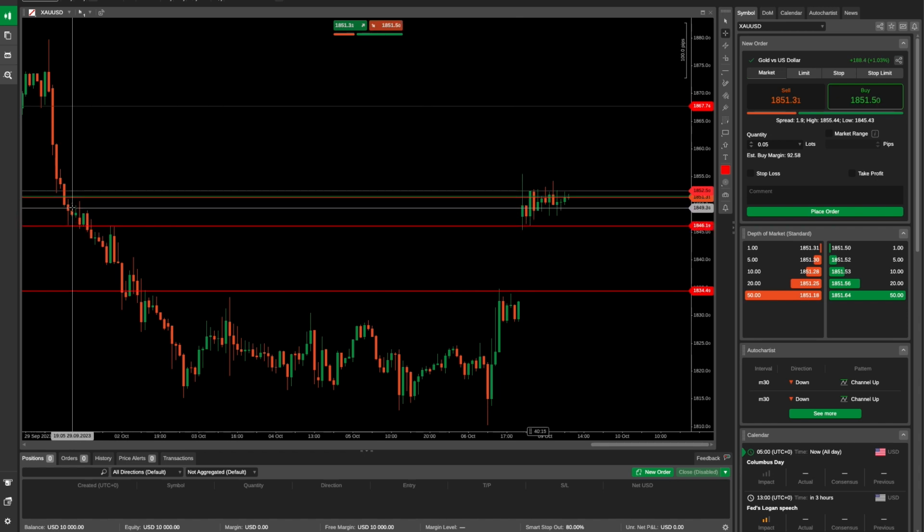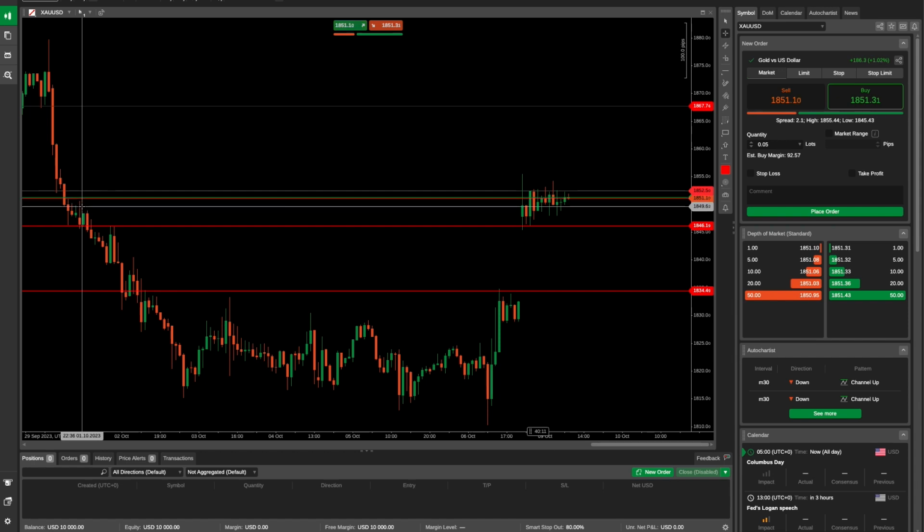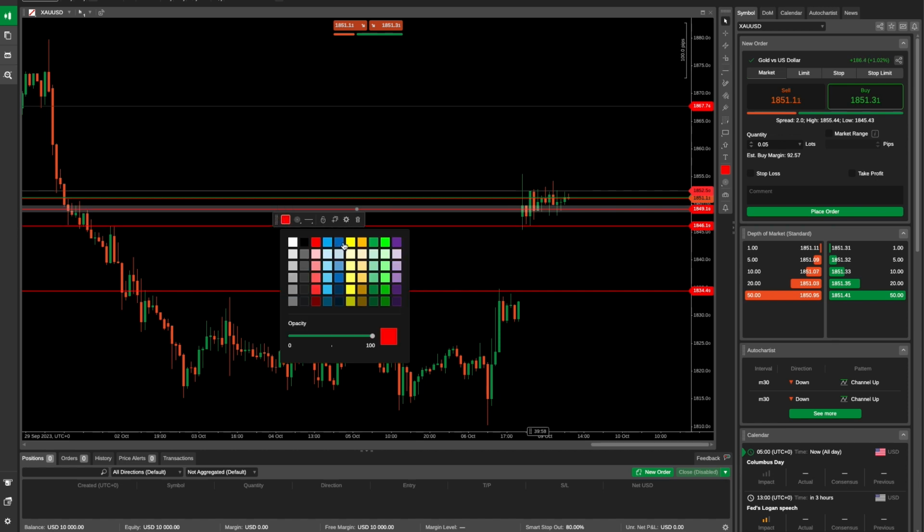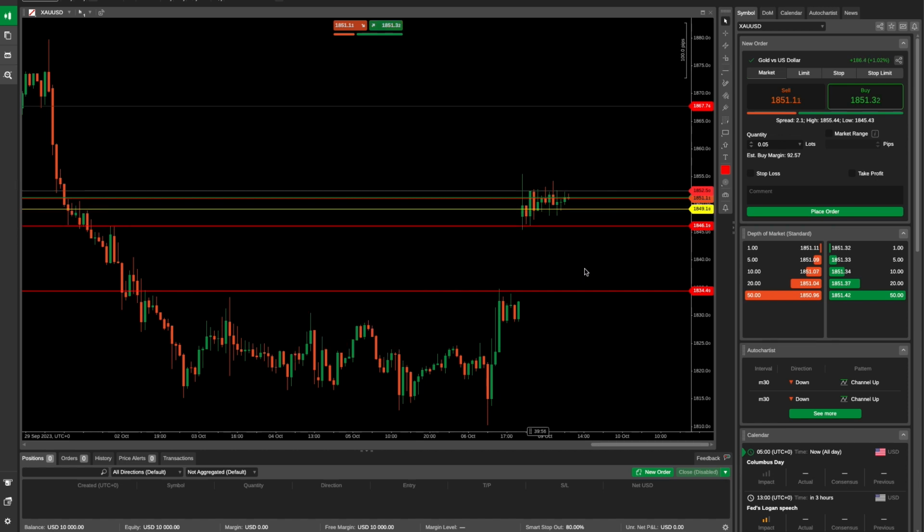Here we had this major resistance. If the price is at the top of this resistance, let me mark it, and we'll make it yellow to make the difference. This is cTrader, guys.